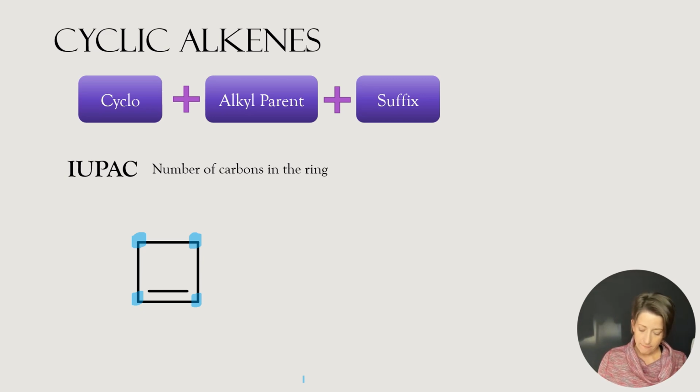We have 4, so that becomes that cyclobut. Within that structure, we have a double bond between 2 of those carbons, so that becomes ene. Because there's nothing else bonded onto this structure, the double bonds do not need the carbon numbers. They will always be carbon 1 and 2. Cyclobutene is the name for this structure.